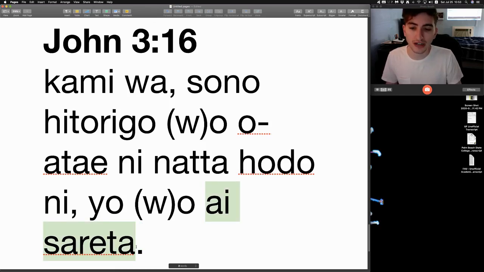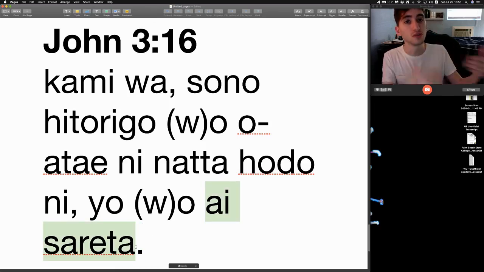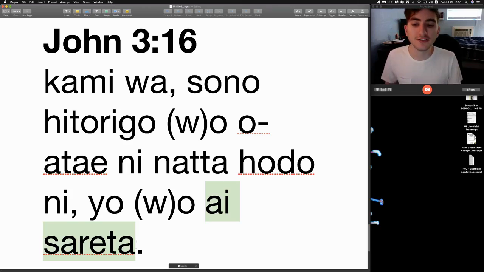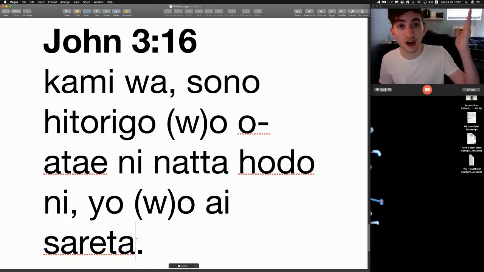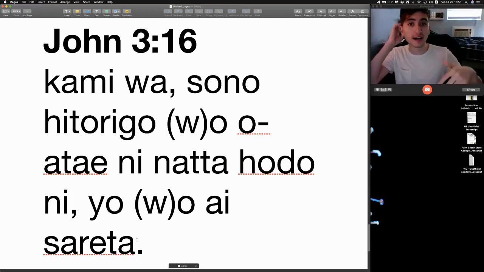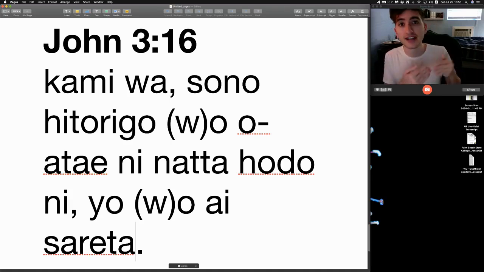Ai suru, ai shimasu means to love. That's the normal way. If you are talking about God, however, he is so great and so high and you have to respect him, because he's God. We will use a respectful form of ai shimasu.